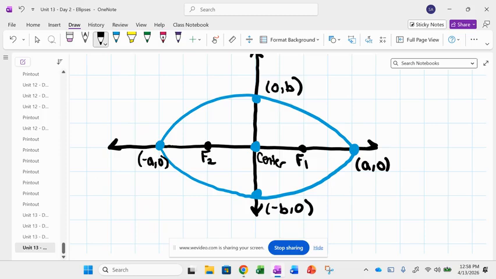So these aren't real coordinates. So I'm not actually counting. I just did it to help it look a little bit more symmetric. But if this point is negative a, 0, this point is a, 0, this is 0, b, and this should have been 0, negative b. Let's fix that. The middle point is the center, and then F1 is the first focus, F2 is the second focus. So I'll let you copy that all down.